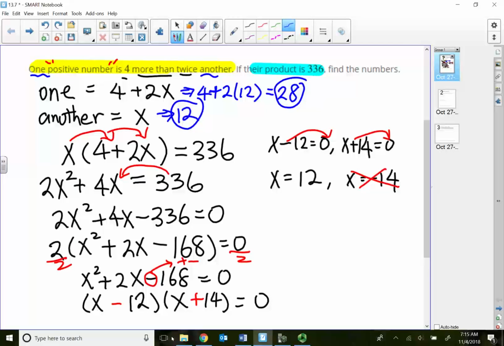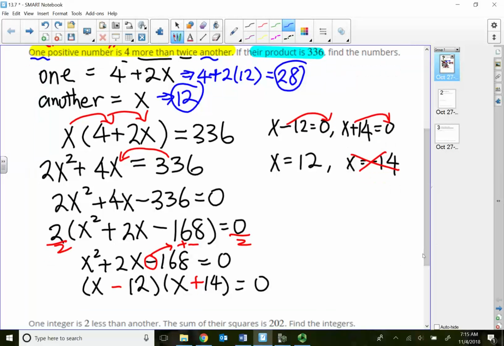So let me share that with you real quick. 168, I do want you to think about this. 168 is actually between 100 and 200. The reason why I'm mentioning 100 and 200 is because 100 can be thought of as 10 times 10. 200 can be 10 times 20.